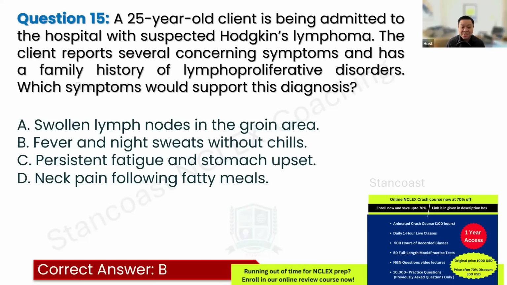Now, letter D is also incorrect. Pain after consuming alcohol may occur, but after fatty meals is not a typical symptom. So, you need to look for the keywords like groin and fatty to identify potential mismatches with the characteristics of Hodgkin's lymphoma.